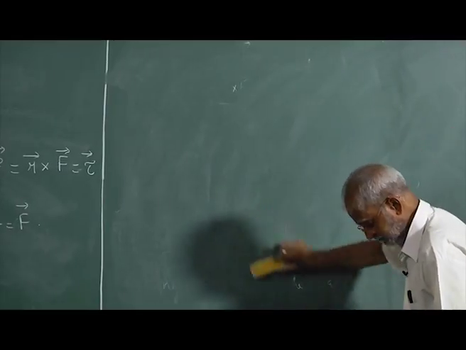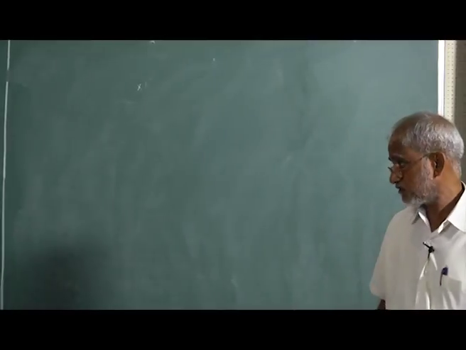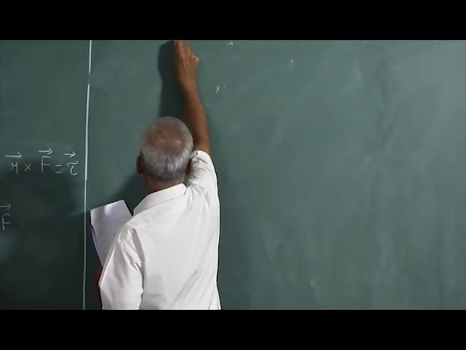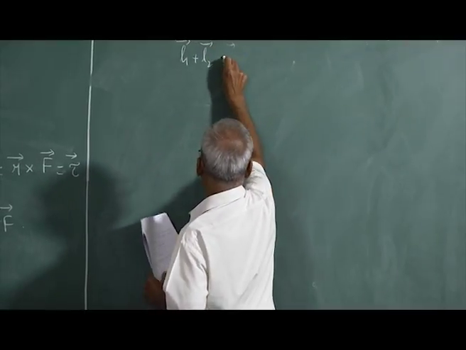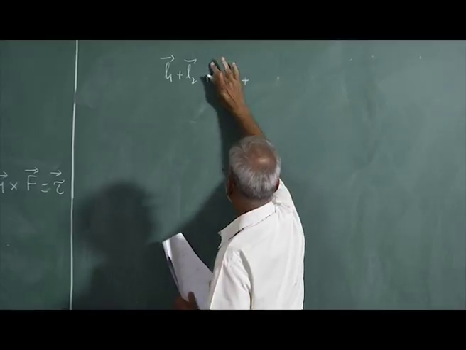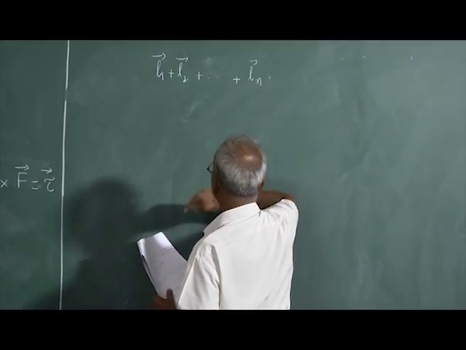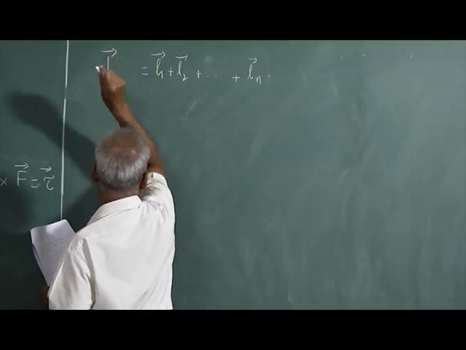It is again fairly simple, because L is a vector quantity. So vectors you can add: if L1, L2, etc. are the angular momenta of n particles, then the total angular momentum is given by this.